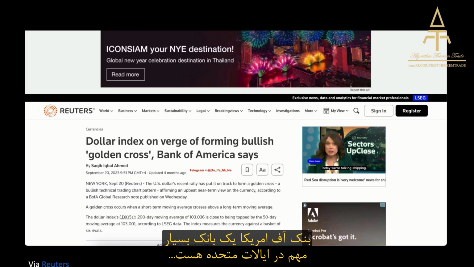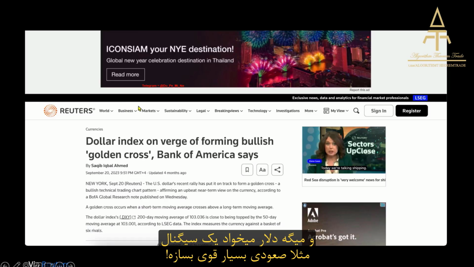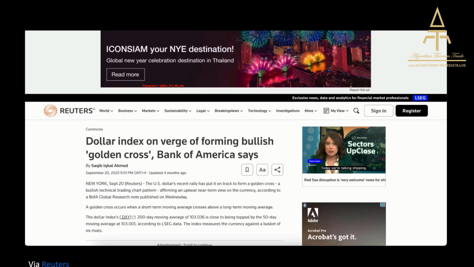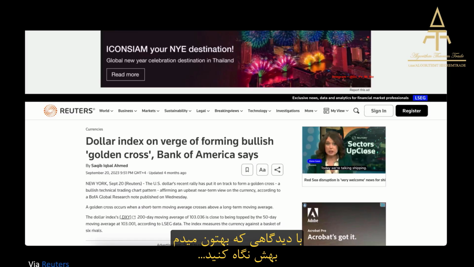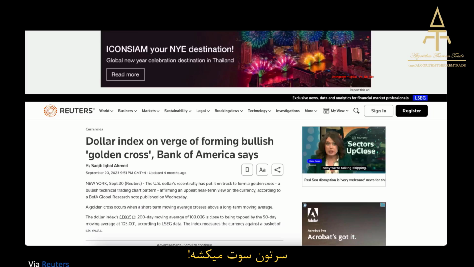So the Bank of America is a pretty substantial bank within America, and they said that the dollar index was likely to form a very bullish retail-minded pattern, so to say. If we take a look at the dollar chart in a bit and see when this news article was released relative to where dollar was at, and we look at it from the perspective that I'm teaching you to look at the markets from, a light bulb moment should go off.